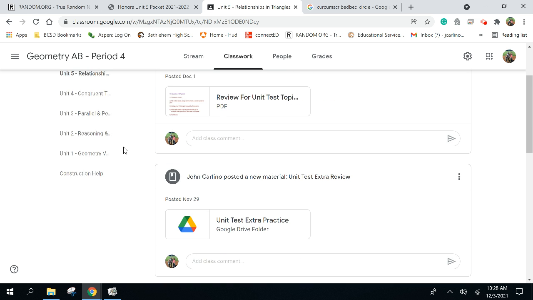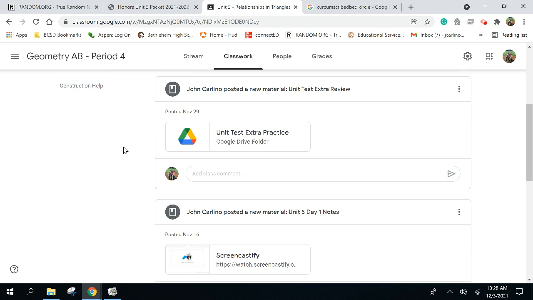Extra unit practice in addition to what's in your packet. All right, because your packet really only has indirect proof practice. Take a look, because some of you definitely want to take a look at what I have in here. Extra unit test review. I've actually put them by topic.